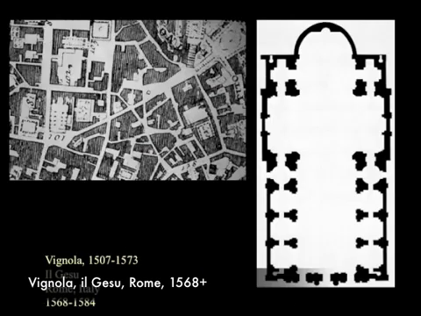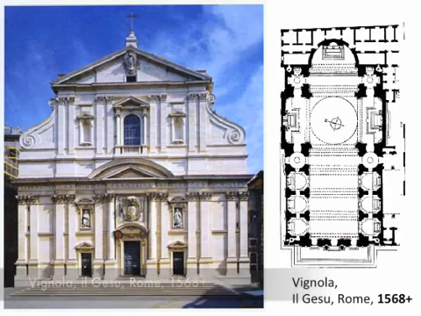If you look at the space that the Gesù is actually located in, and here it is, right here, tucked into the city, there's no way you can get far enough away to read that facade. You can kind of get an oblique view of it when you're coming down this street, but it is totally playing its own game toward promoting messages at a distance to the city, rather than in the near view. If in the Renaissance there was a strong desire to have agreement between interior and exterior, that would give you things like, say, Santa Maria della Consolazione, that looks like it was made out of a jello mold.